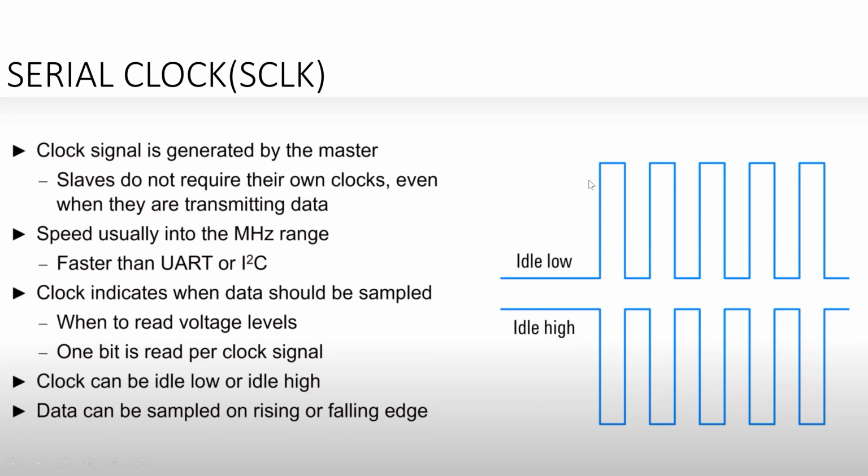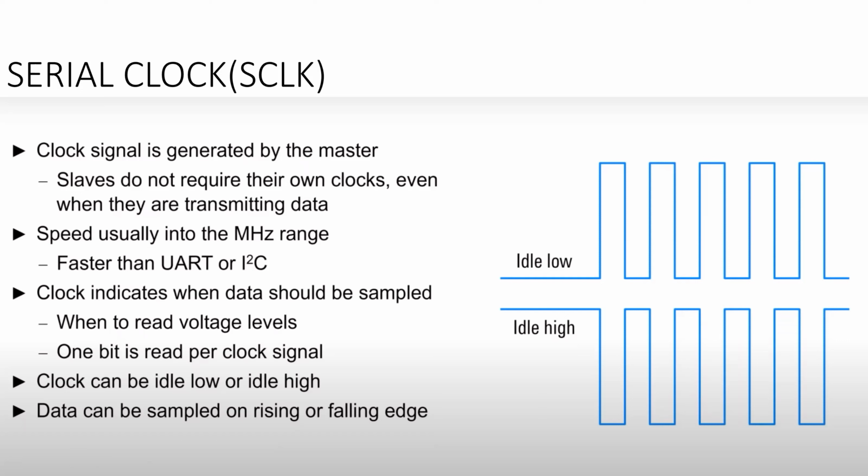Whenever the clock is high, communication between the master and slave is happening. If it is at 5 volts by default, it means it is idle high, and by making it active low, the communication will happen. So there will be two configurations in the clock, whether it is idle low or idle high. It is very simple.